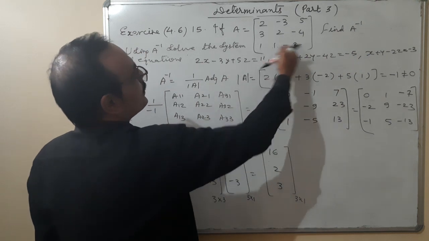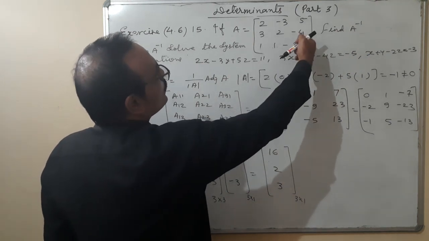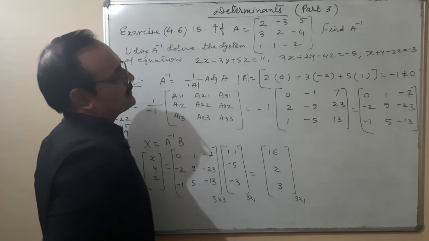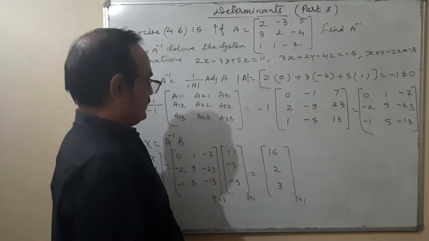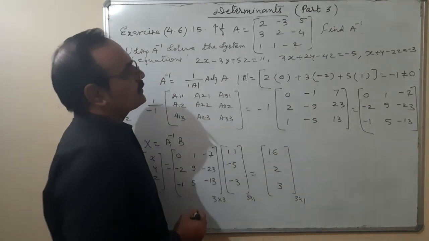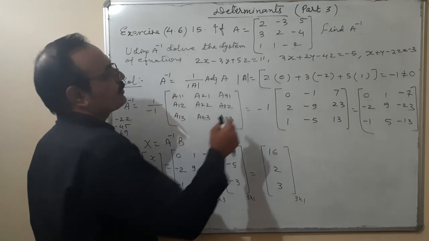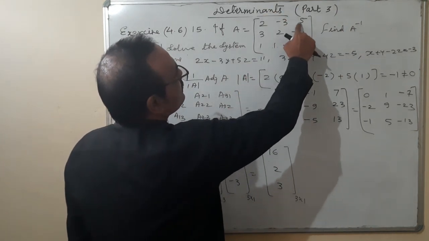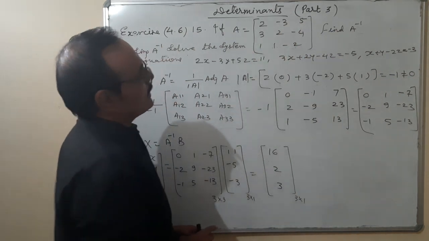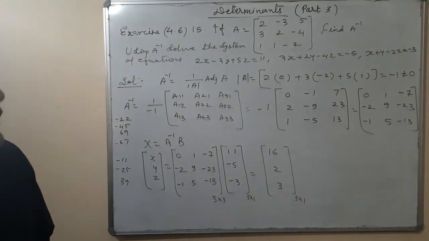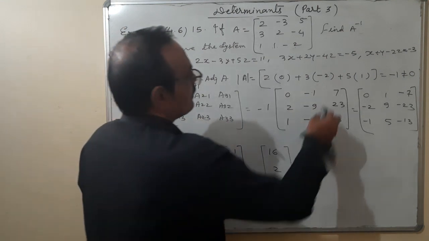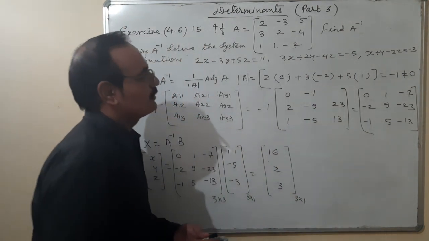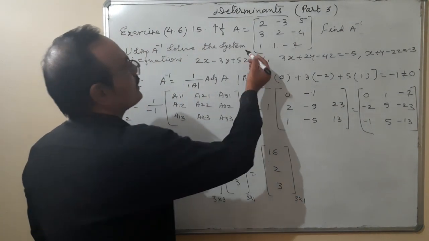Now it is third row, first column, 12 minus 10. Yes, here's a mistake. 3 1. Third row, first column, 12 minus 10, and 12 minus 10 is coming 2. This is 3 1.